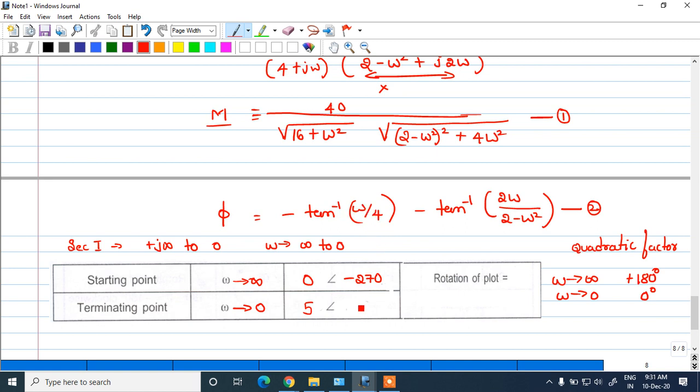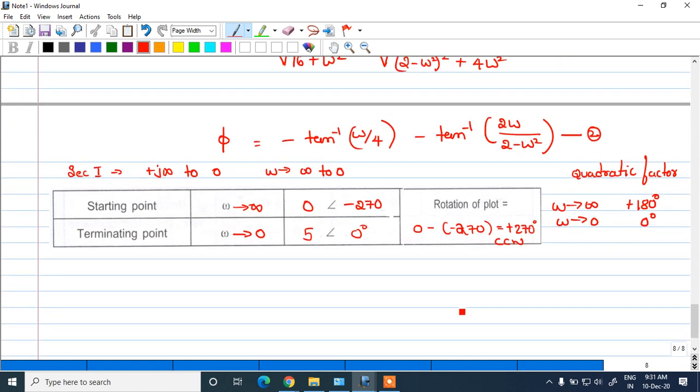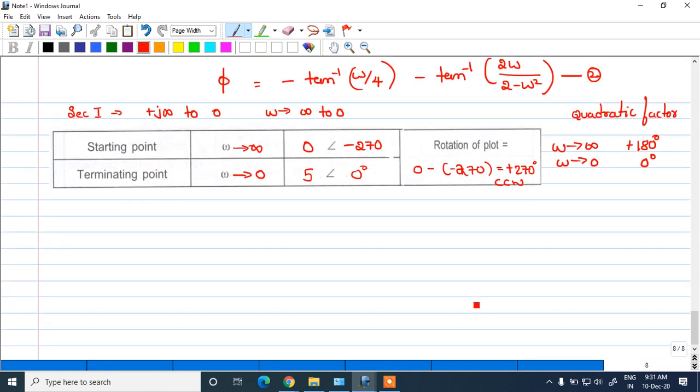You will be having 0 degree as an angle, and rotation of plot will be 0 minus of minus 270. Okay, that is plus 270 degree. If it is plus, what is the direction? Yes, it is counterclockwise. Okay, just mark that angle in the graph, you will understand. And section 1 is done.